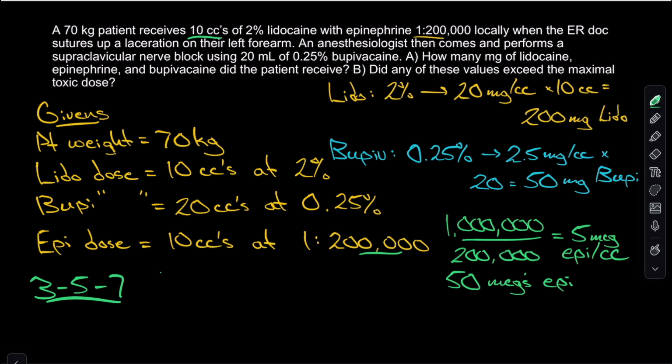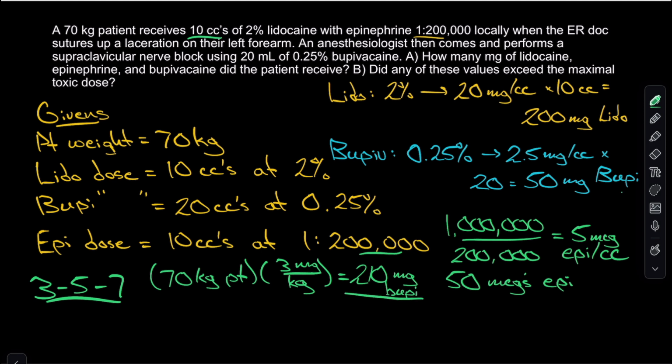So if we have a 70 kilogram patient and the maximal dose is 3 milligrams per kilogram, we wouldn't want to exceed 3 times 70, which is going to be 210 milligrams bupivacaine. And we can see that we didn't. We were at 50 milligrams bupivacaine.